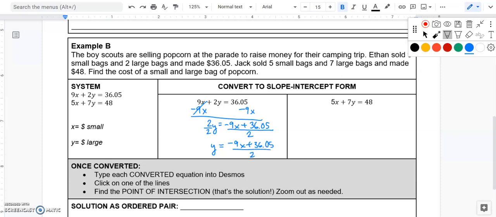All right, so there's one conversion, and we do the same thing to the other side. So I have 5x plus 7y equals 48, zero out x is 7y equals negative 5x plus 48. Remember, you can't combine those because they're not like terms. Divide by the coefficient, because our goal is to get y equals something on the other side.